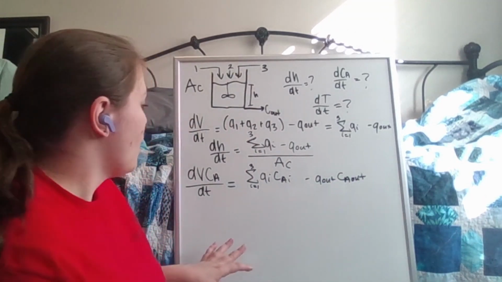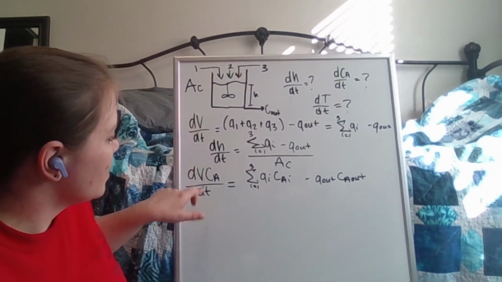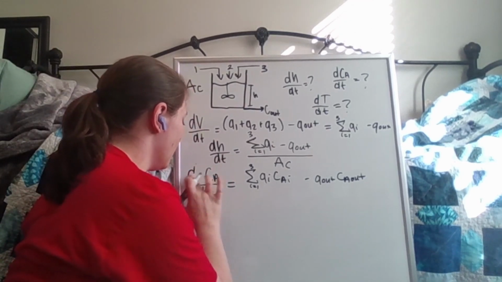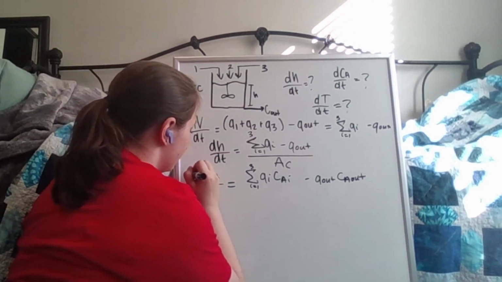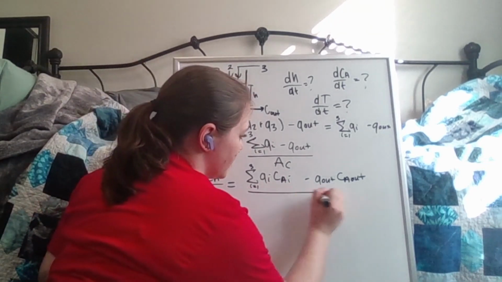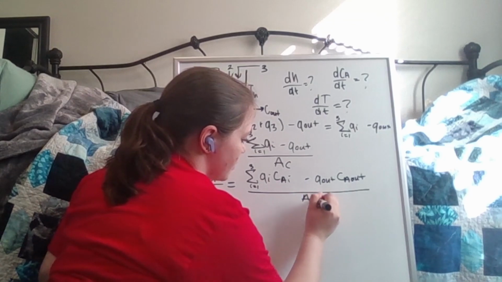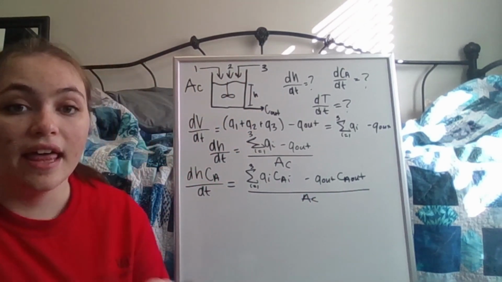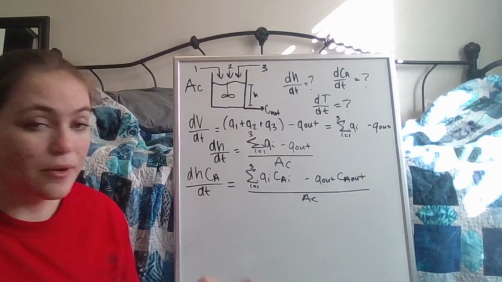All right, and then all we have to do is the same thing we did up here, which is pull out the Ac, the cross-sectional area, and then divide. So it ends up being dH, and then all of this over our cross-sectional area. Now, we're going to apply the product rule to separate this out.